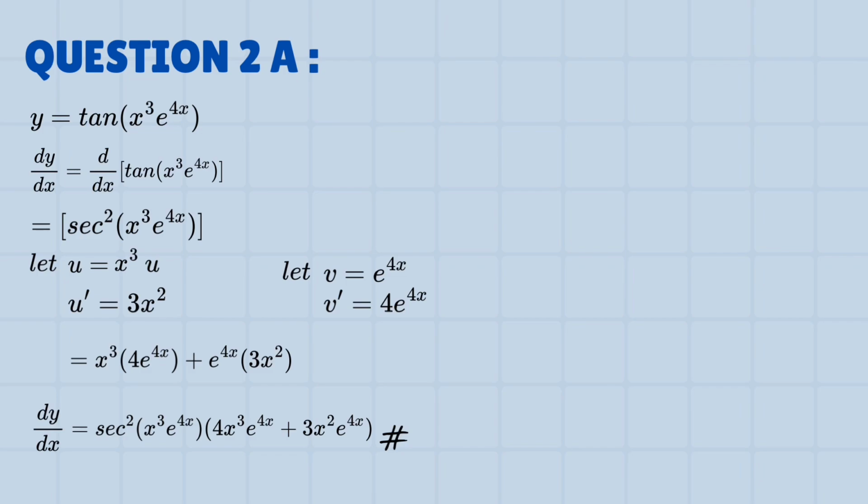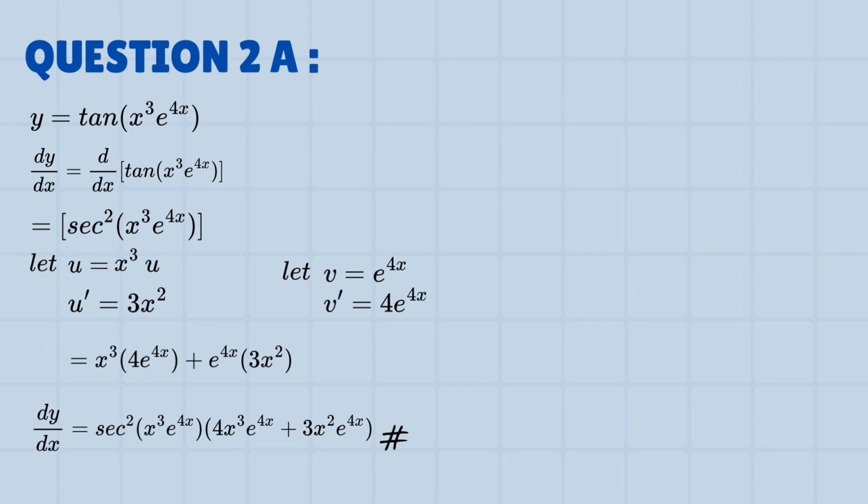So, we use the product rule and let u equal x cubed, so the derivative becomes u prime equal to 3x squared, and let v equal e to the 4x, and the derivative becomes v prime equal to 4e to the 4x, where v prime uses the chain rule again because of the exponent 4x.